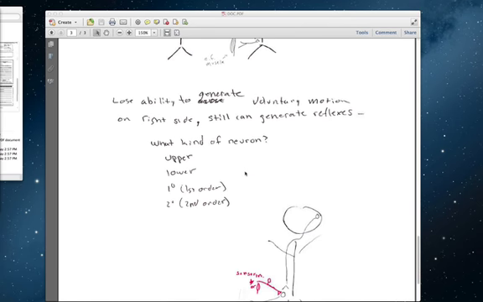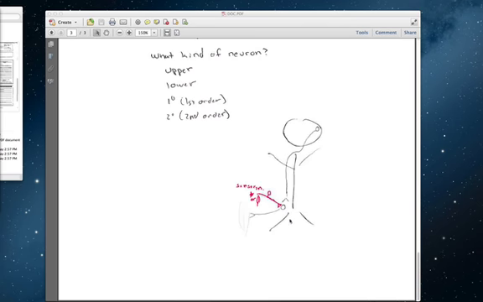I just wanted to draw a little picture down here illustrating how this could happen. Here's our upper motor neuron again, the corticospinal tract, that then projects down to our alpha motor neuron. Our alpha motor neuron is sitting here, and it innervates the extrafusal muscle fibers. So, just redrawing what we saw above. What I wanted to show you is that this alpha motor neuron is shared by another kind of neuron.